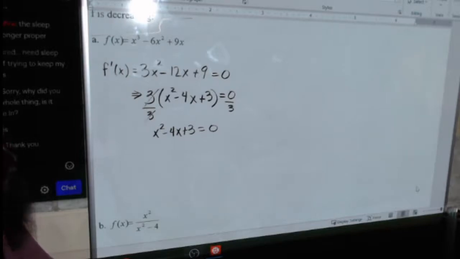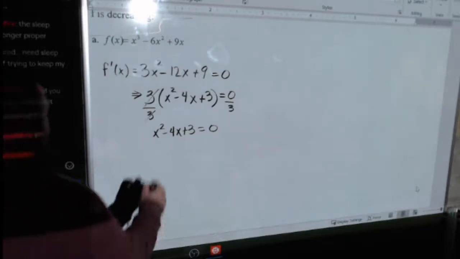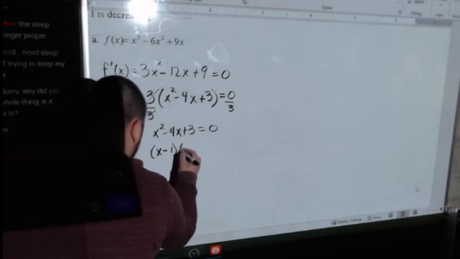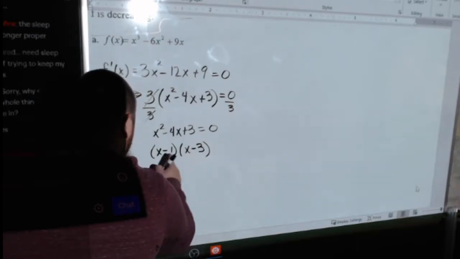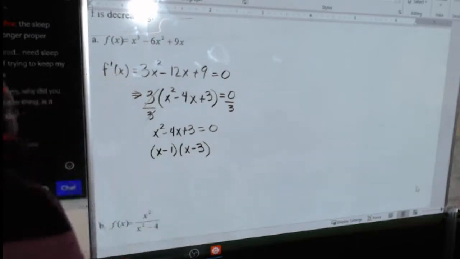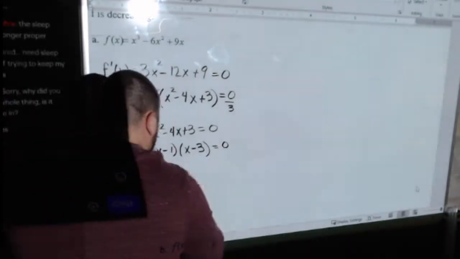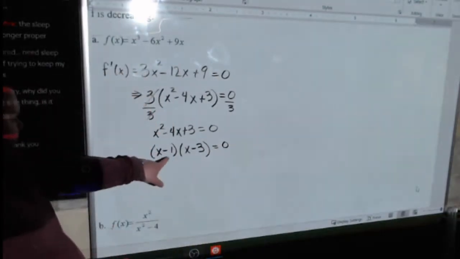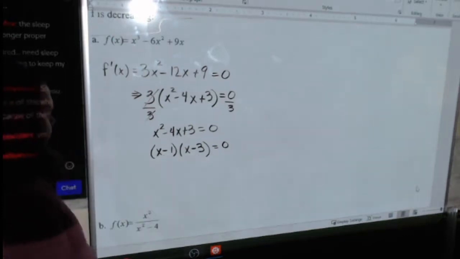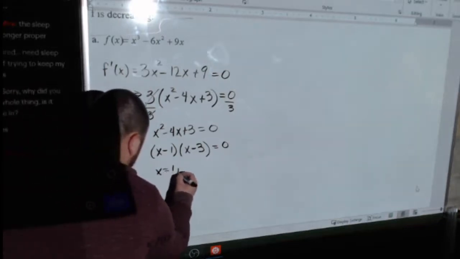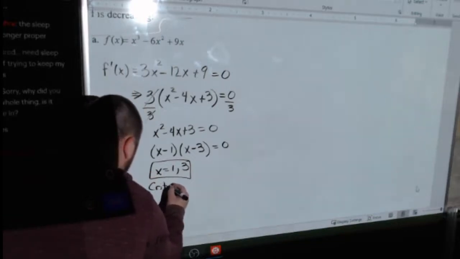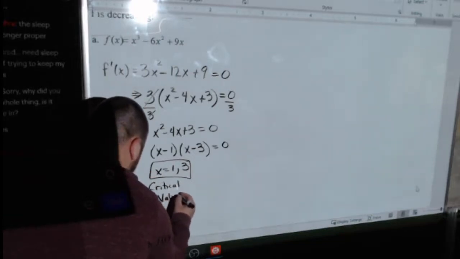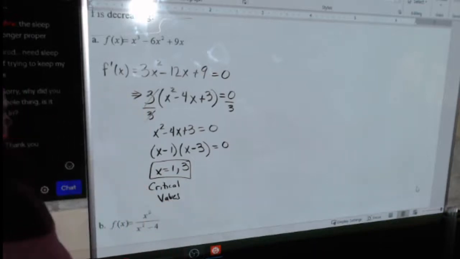So -1 and -3. So x minus 1, x minus 3, because these are going to give us +3 when multiplied, and add to a -4. Still equals 0. That very easily gives us x equals 1, x equals 3. These are our critical values, or if you prefer, critical numbers.